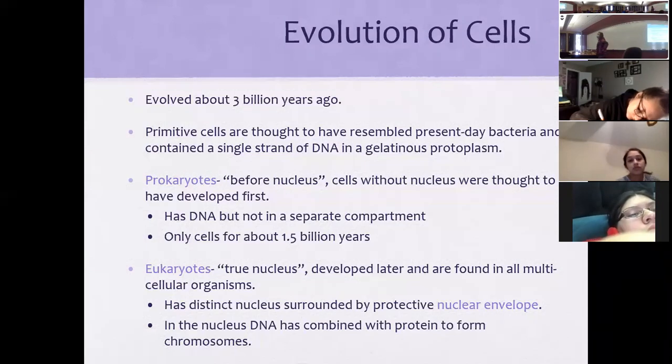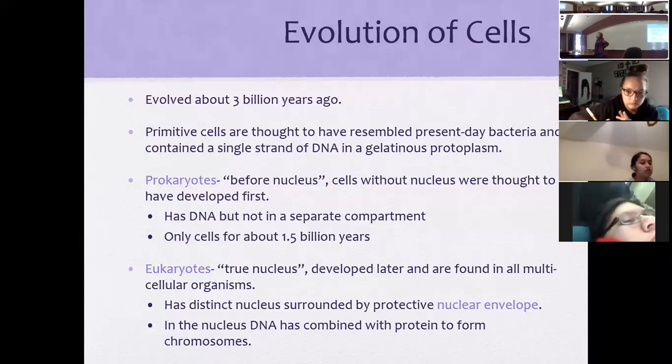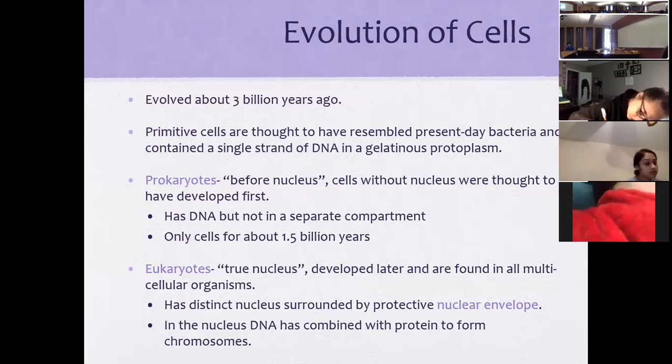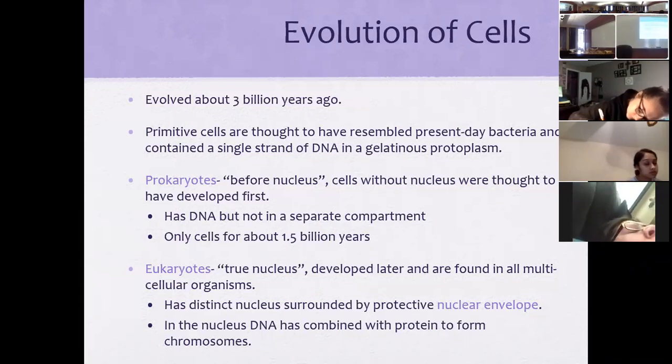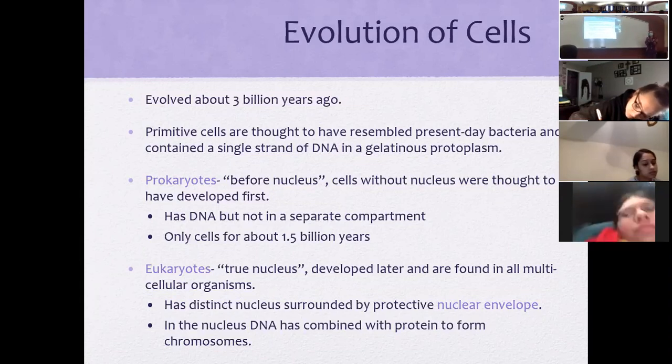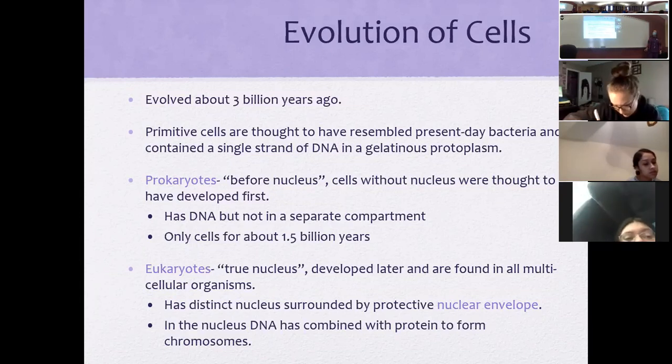Pro meaning before. Karyote means nucleus. These prokaryotes were single-celled organisms. They did not contain a nucleus. They did, however, have genetic material. It just wasn't contained in a nuclear envelope. It was just kind of free-floating around inside the being.